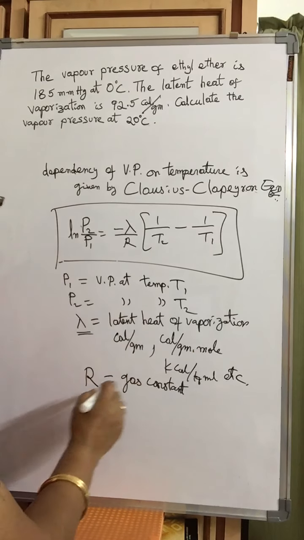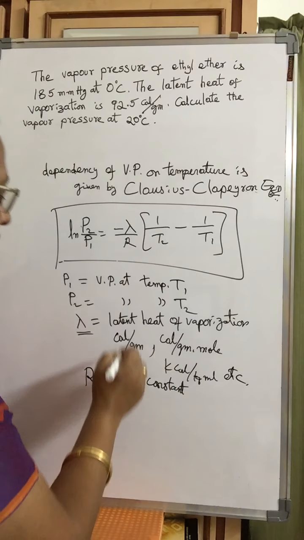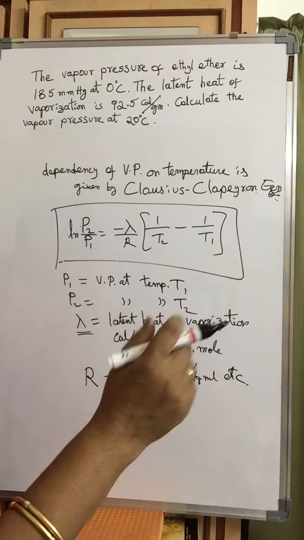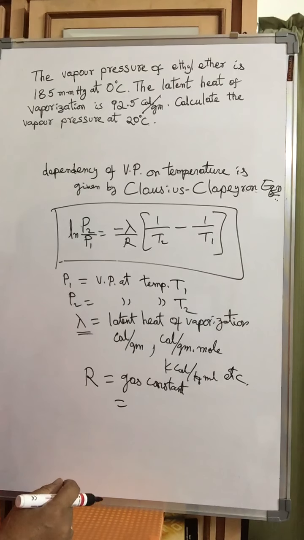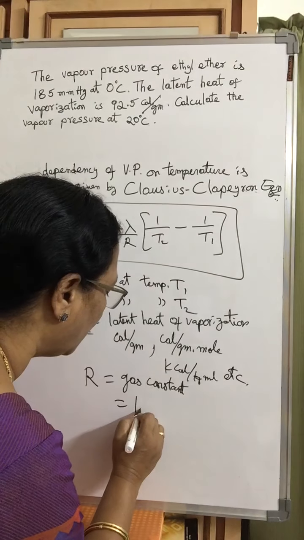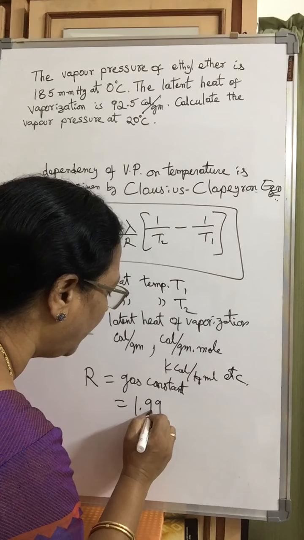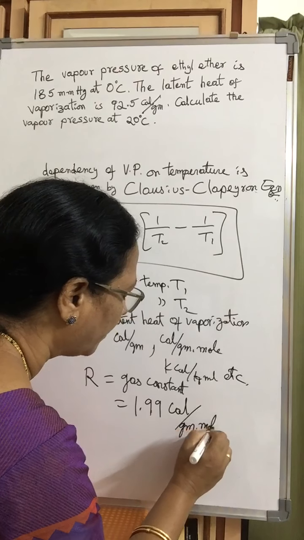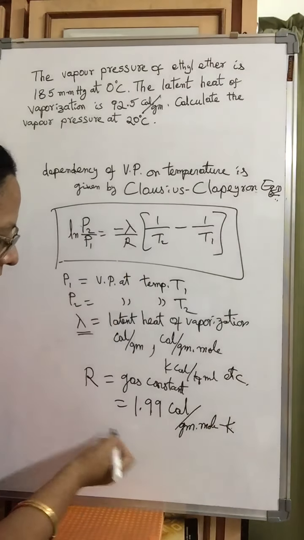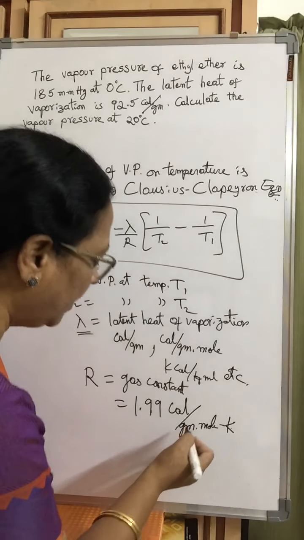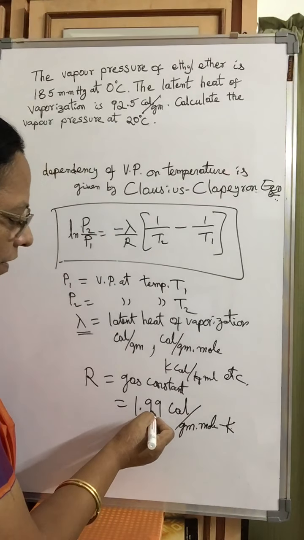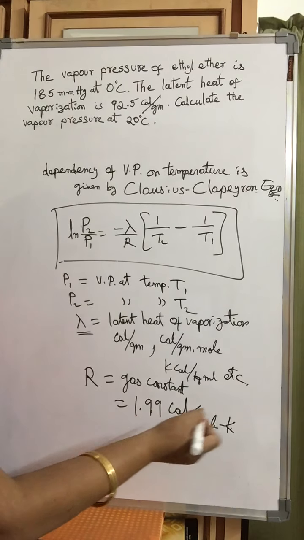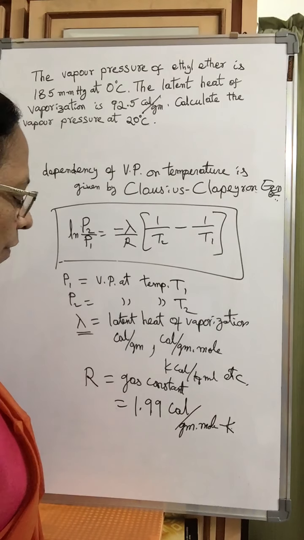So the gas constant value also needs to be written in energy units, not 82.06 or other numerical values. Here what we need to take is 1.99 calories per gram mole per Kelvin. This is the R value we need to take. Some use 2 roughly, some use 1.987, you can take 1.99.